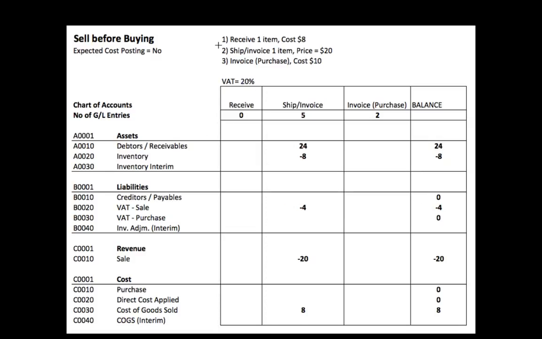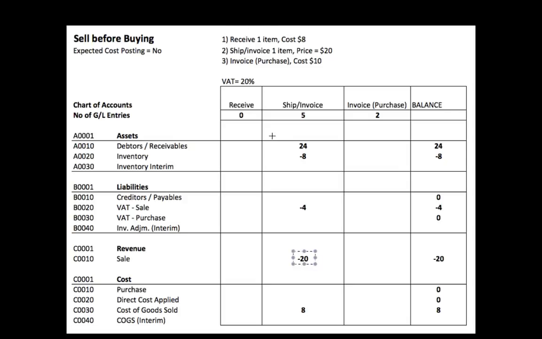So the next step to do here is to ship and invoice the item from a sales order, and this creates 5 GL entries. So these 5 here are the 3 sales entries: accounts receivable, or how much our customer owes us, a VAT entry, and a sale of $20.